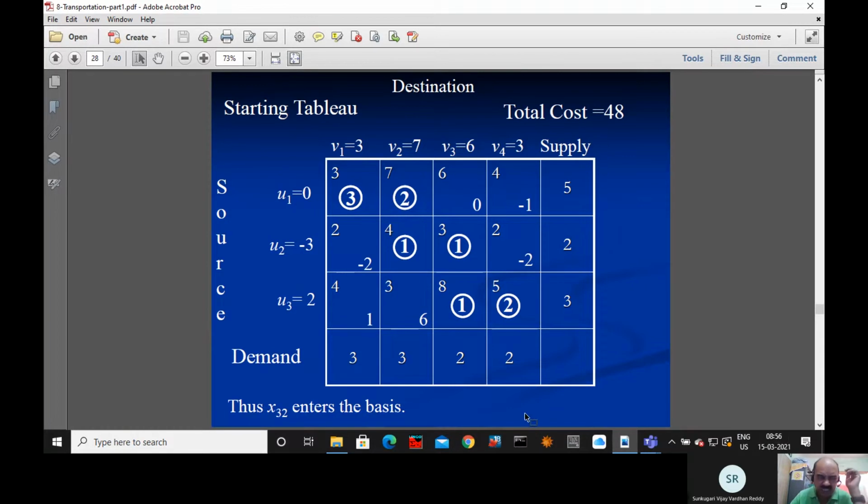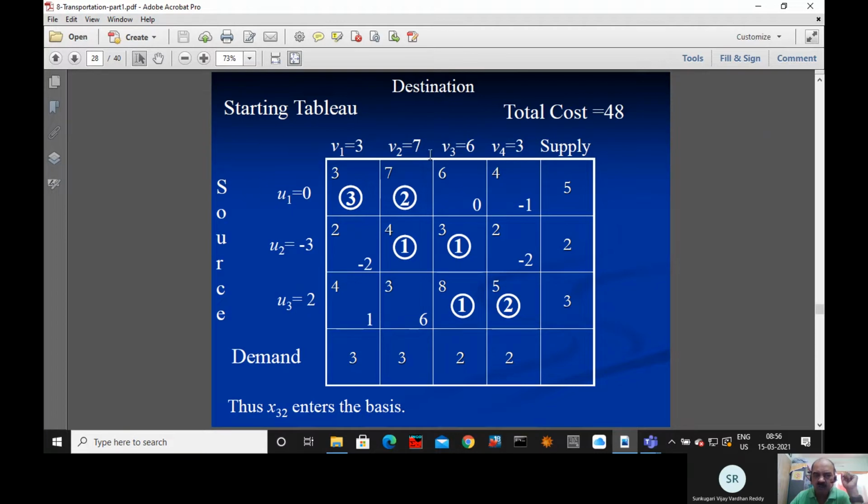Okay. With respect to the third row and first column, U3 equal to 2 and V1 equal to 3. Then 3 plus 2 equal to 5, 5 minus 4 equal to 1, that is positive. So that is not fulfilled. Next, that is U3 plus V2.